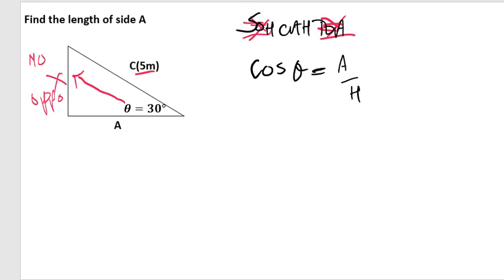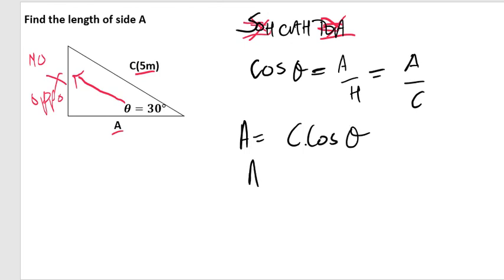You're given the hypotenuse and the adjacent, which is your A. Because you are using A and C, you write adjacent is A and hypotenuse is C. You make A the subject of the formula, you'll get A equals C multiplied by cos theta.